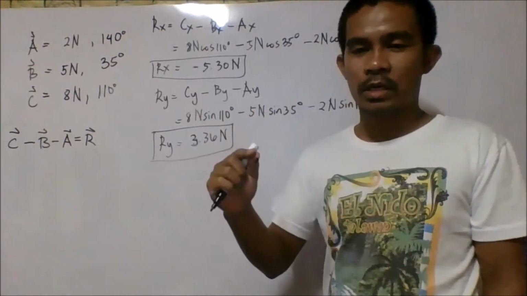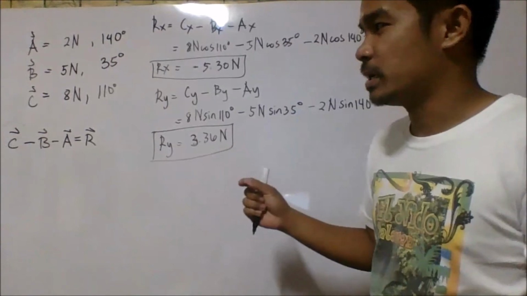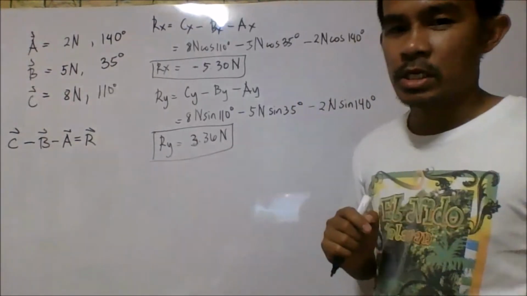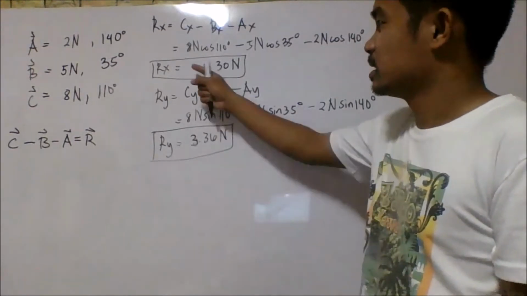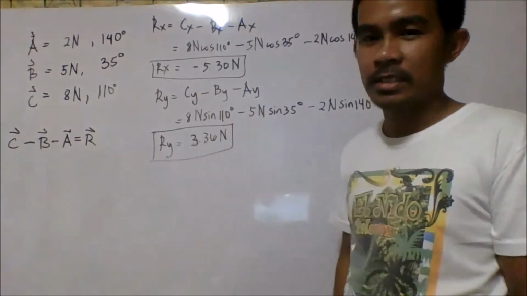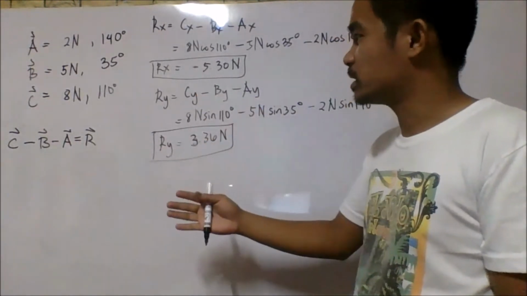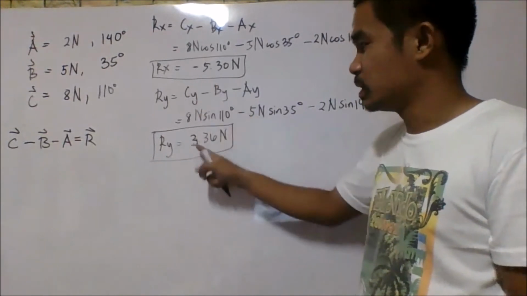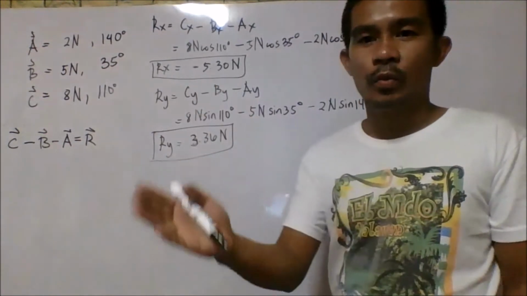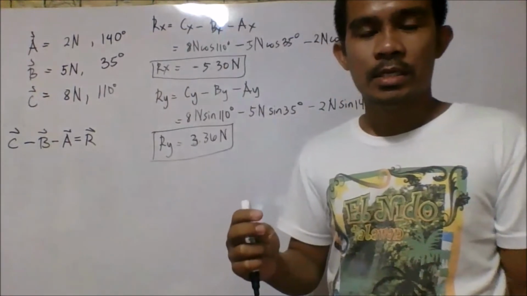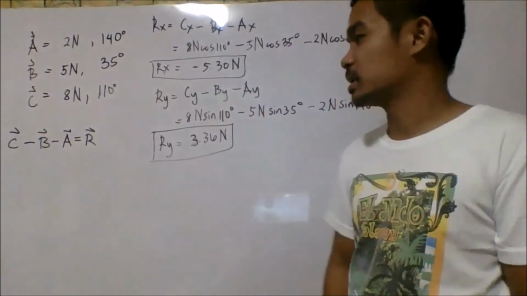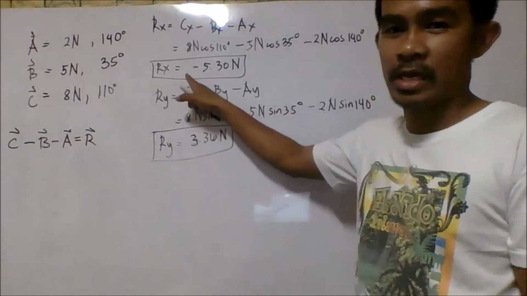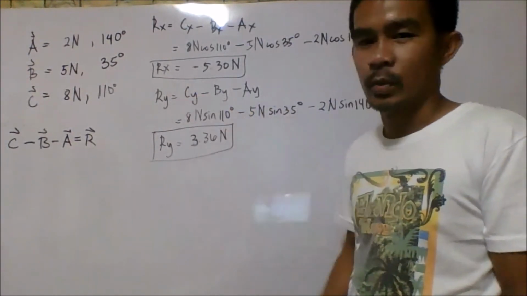When we do graphical method in determining the sum of vectors, we can say that the resultant can be located in what quadrant? X is negative, y is positive. So we can locate the resultant at the second quadrant.